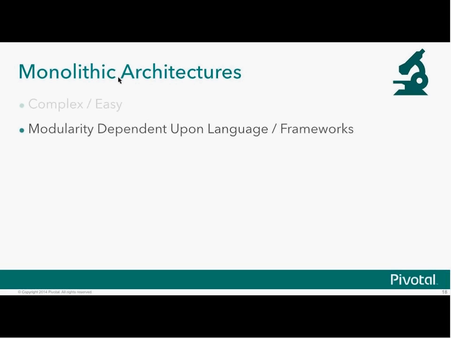And so if we don't have a high degree of discipline, or we don't have tooling in place to detect these architectural violations, then we can very quickly create what we like to call spaghetti architectures or big balls of mud, whatever term you choose.